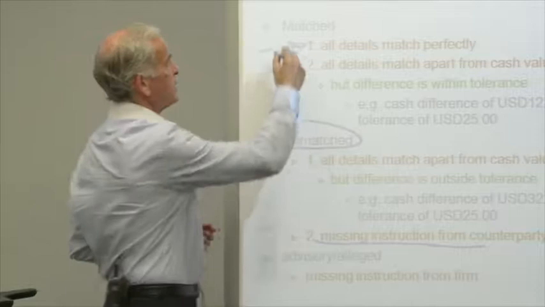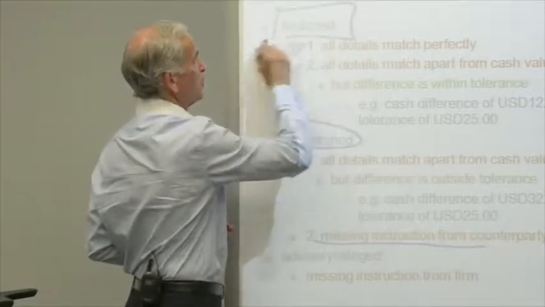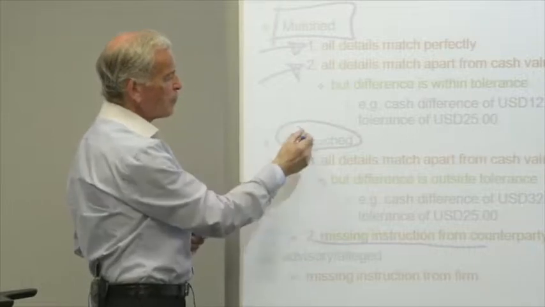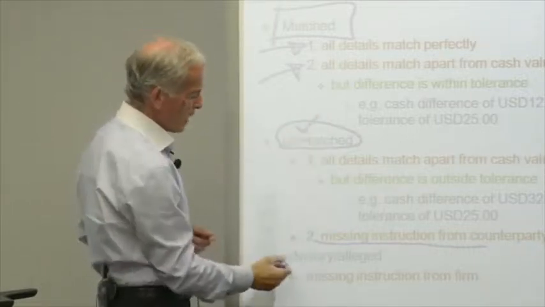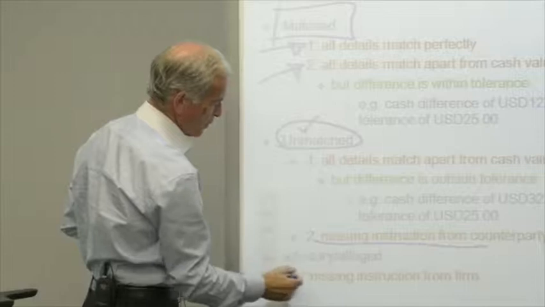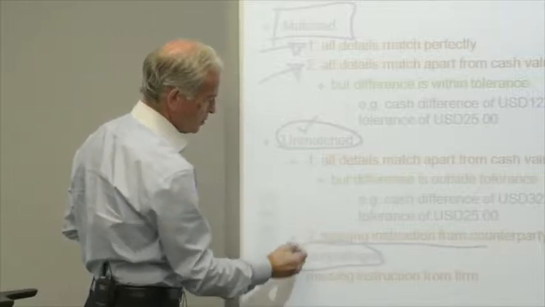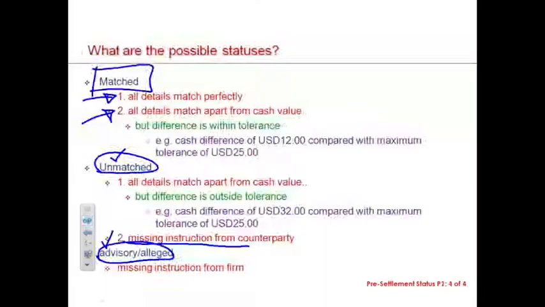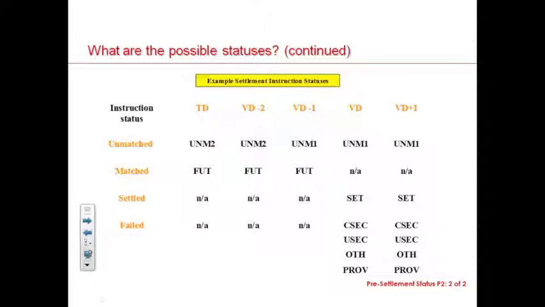So obviously this is the status that you want, matched, but you could find some of your instructions are unmatched, and you may have some of these as well, preferably a limited number of these.